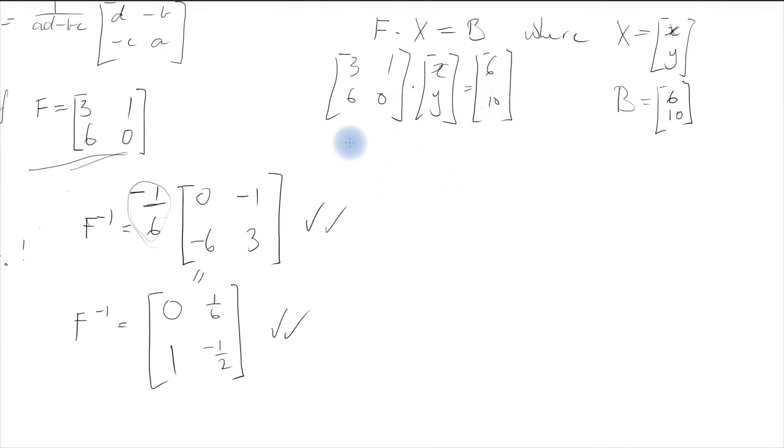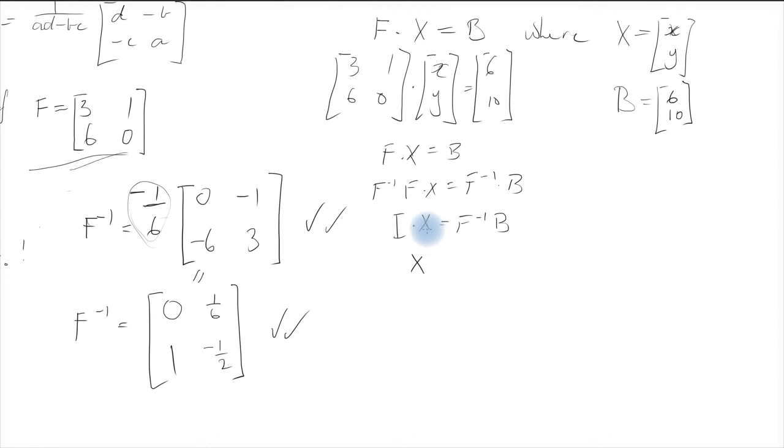Now, to solve this, we've got F times X equals B. To solve it, we're first going to multiply both sides by the inverse of F, as we've already seen before. So these ones will form the identity matrix, X equals. The identity matrix multiplied by any other matrix is the other matrix.